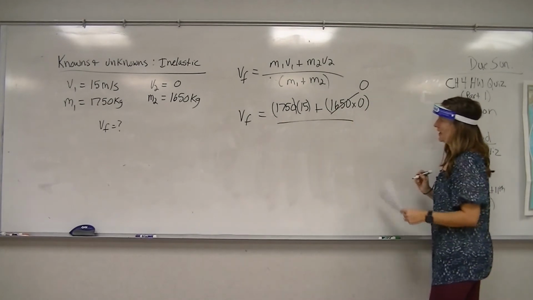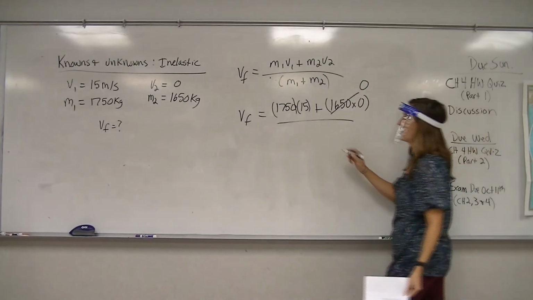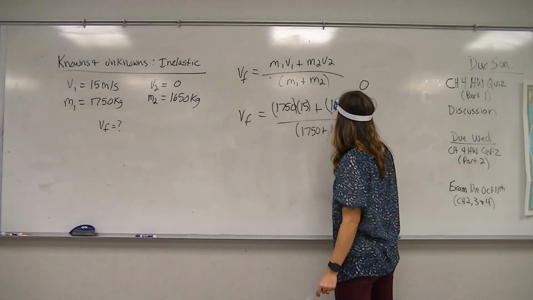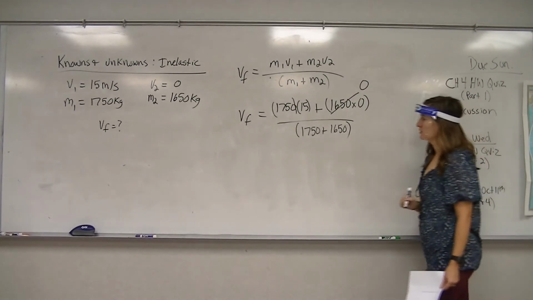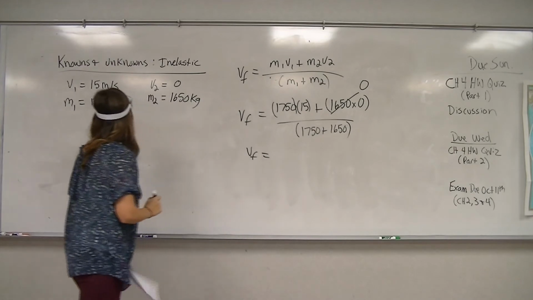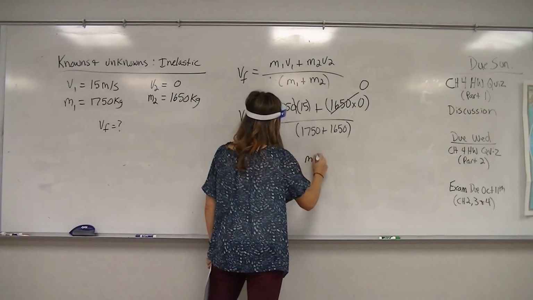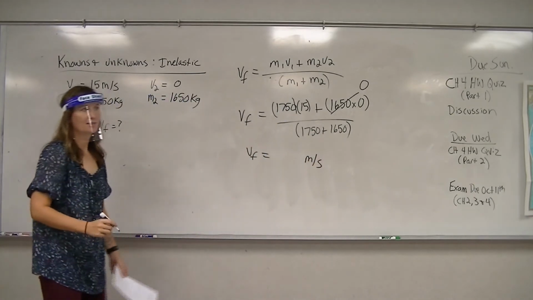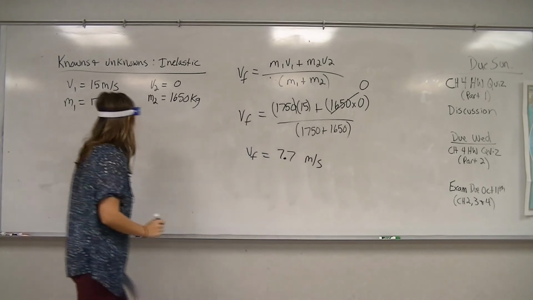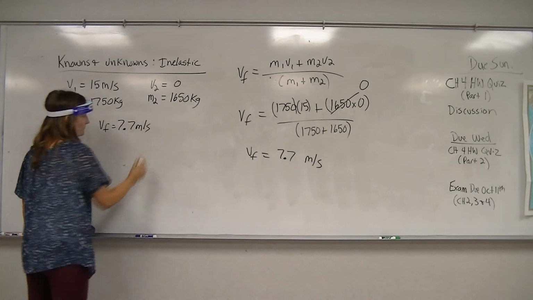We divide that by the masses of the two cars added together, since they are now one object stuck together, moving in the same direction at the same velocity. With 2 sig figs, somewhere between 15 and 0, we get 7.7. Our final velocity is going to be 7.7 meters per second.